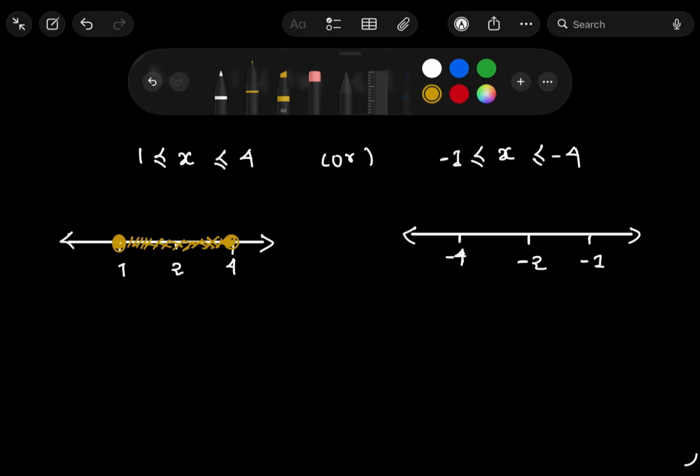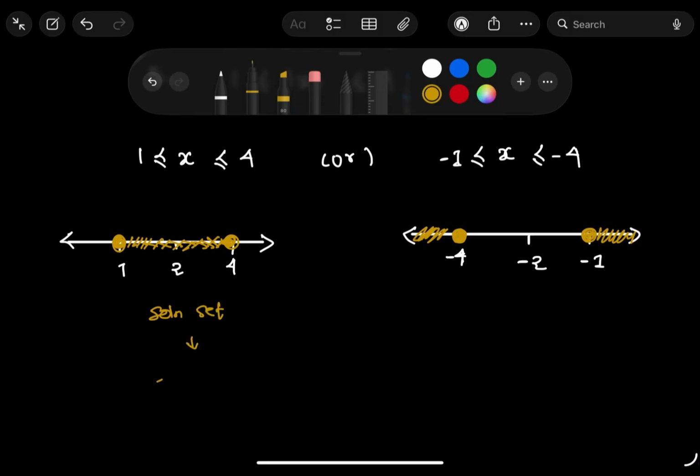And this one, less than or equal to negative 1, so sketch to the right side, and greater than or equal to negative 4, so sketch to the left side. So what will the solution set be? Let's check.